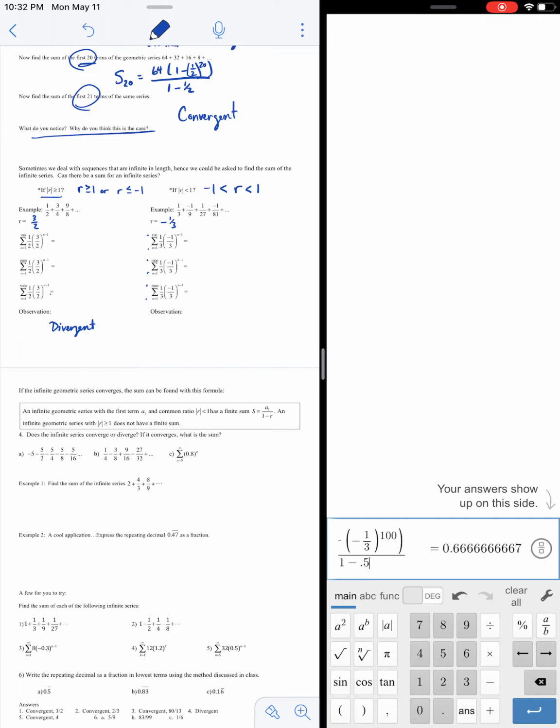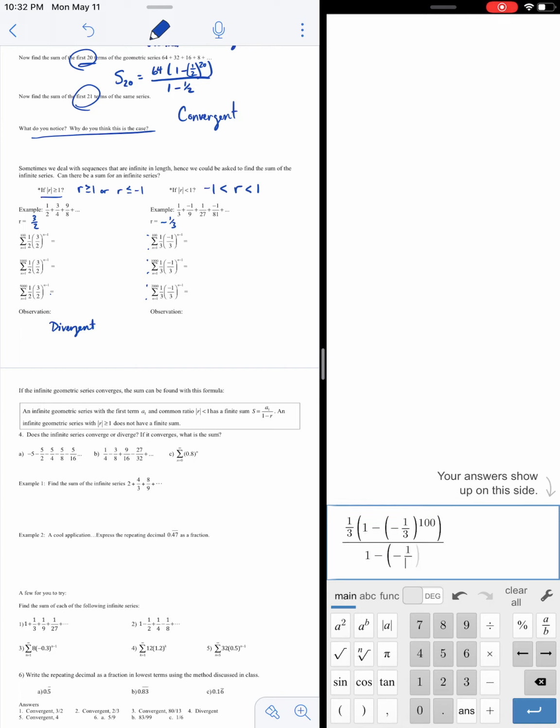And then down on the bottom, 1 minus -1/3. So if you add up the first 100 terms, the first term is 1/3, 1 minus the ratio of -1/3, and you're doing it for 100 terms, you get 0.25.